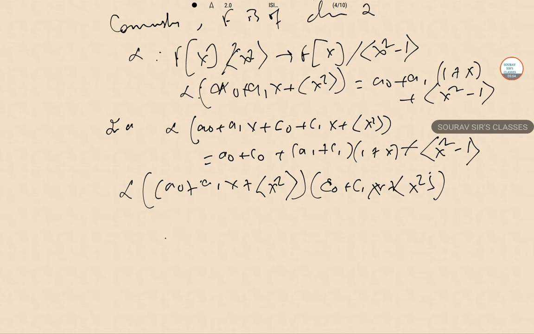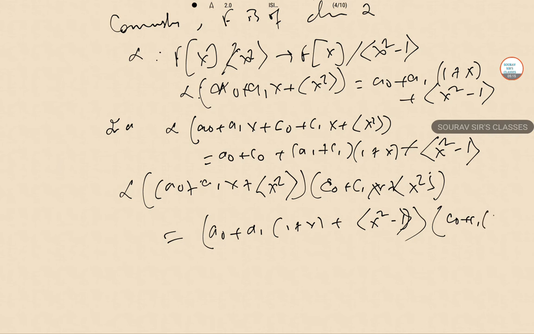So obviously finally we can go to a0, a1 (1 plus x² − 1). This is done, and this is c0 plus c1 into (1 plus x) and x² − 1.